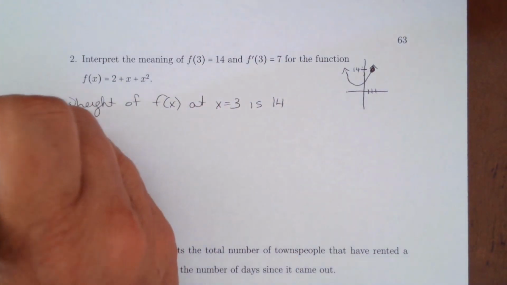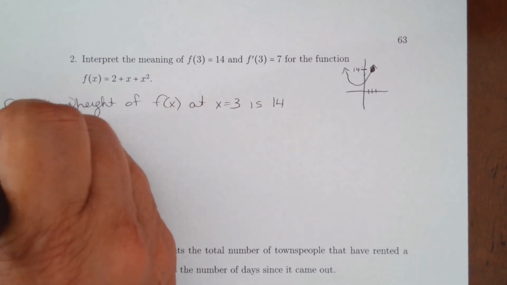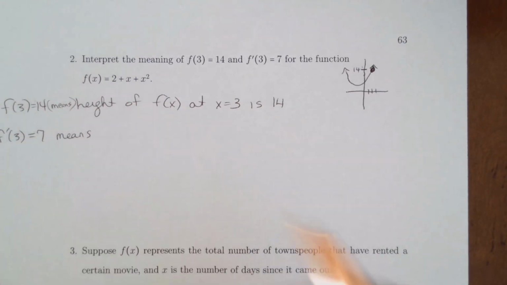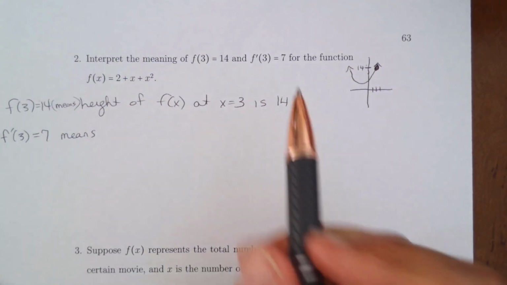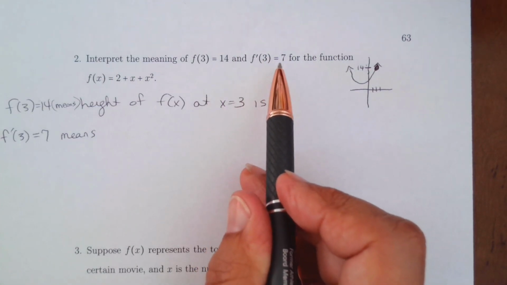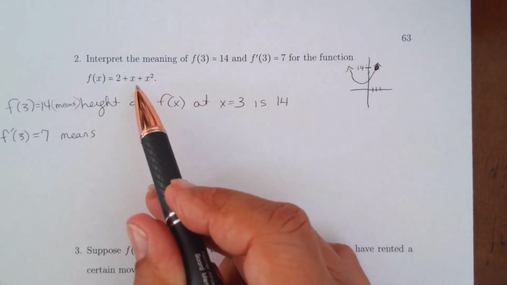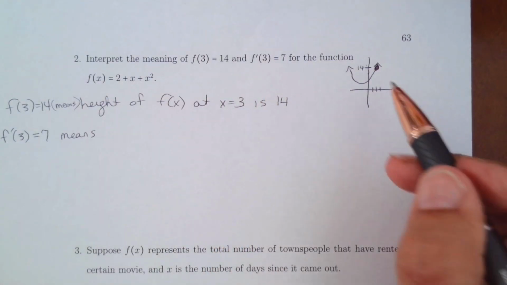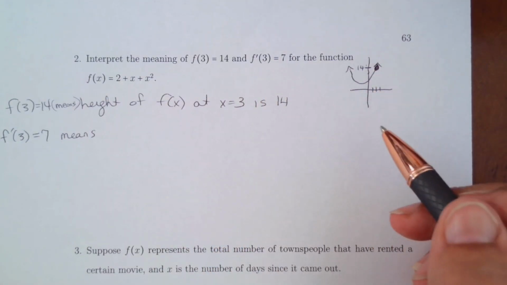All right, f prime of 3 equals 7 means what? Again, this is the derivative, and the derivative is the instantaneous rate of change, or the slope of this function when x is 3. Only when x is 3, because if I have a different point, the slope is going to be different.